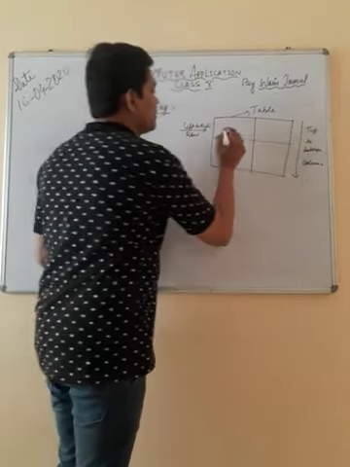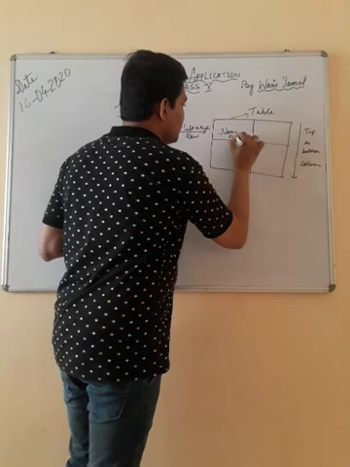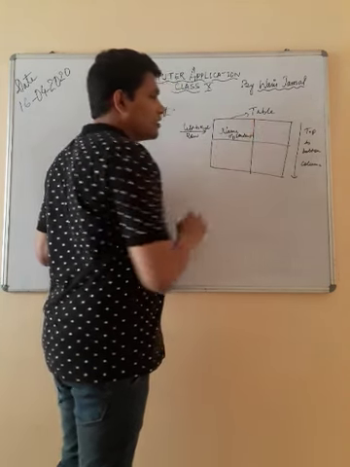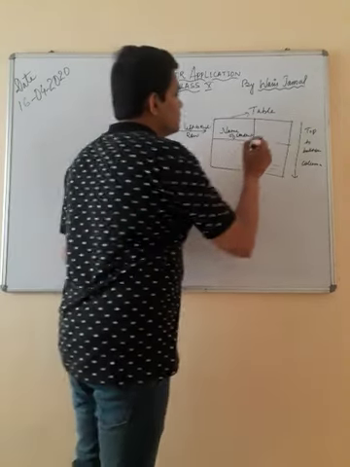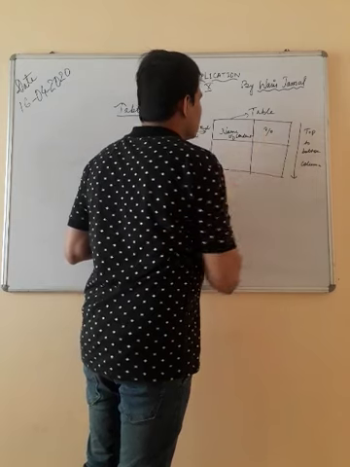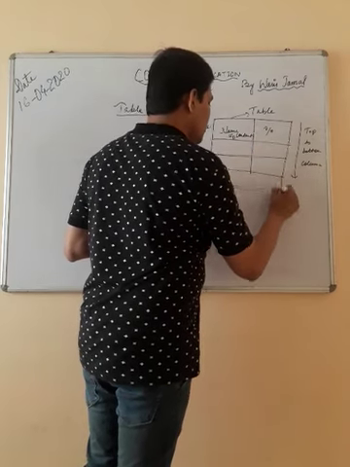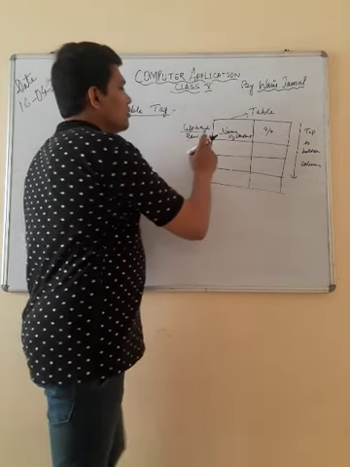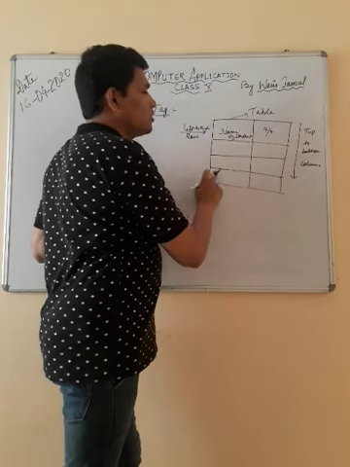Here, I am writing the name of student. Where I am writing the name of students, actually it is a cell, and percentage. There are 4 rows: first row, second row, third row, fourth row, and there are 2 columns.